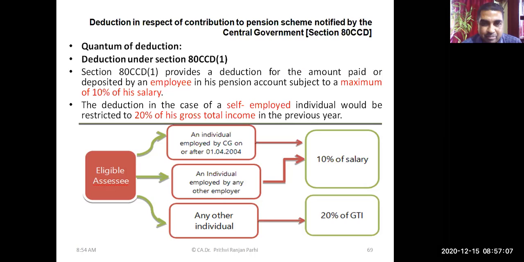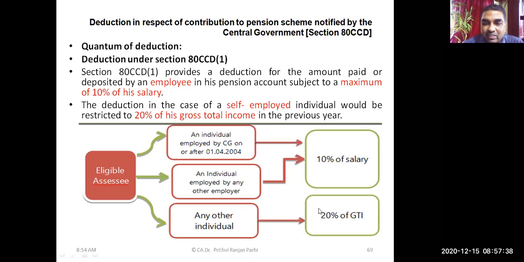If you look at this chart, an individual employed under the central government on or after 1/4/2004 can contribute 10% of the salary. The scheme is also open to other employers, and individuals employed by any other employer can also contribute up to 10% of the salary.